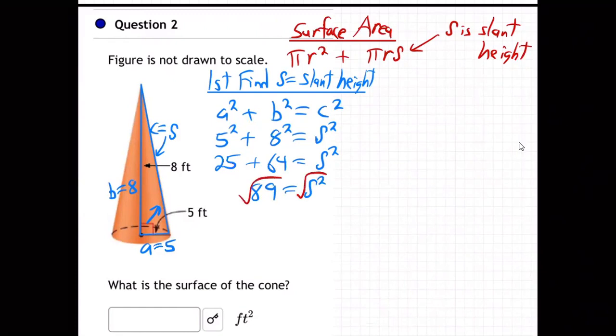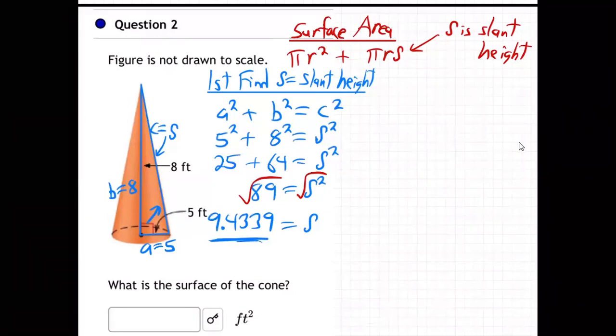And then root it. So the slant height, use your calculator there. It's going to be some ugly decimal. I'm getting 9.4339. They never said how many decimals on this problem. So whenever they don't say how many decimals, I just use 4. 4 is always safe.